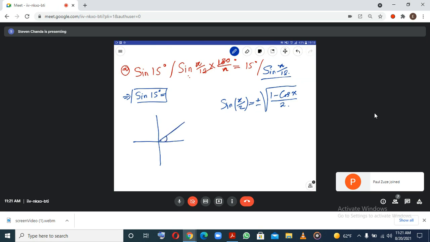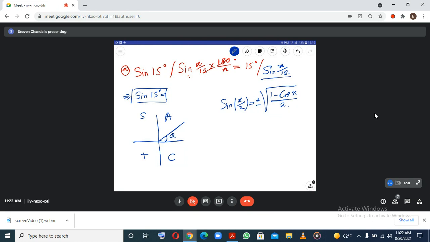So what quadrant is this? That's the first quadrant, right? And remember I said all students take coffee. So in the first quadrant, all of cos, sine and tan are going to be positive.